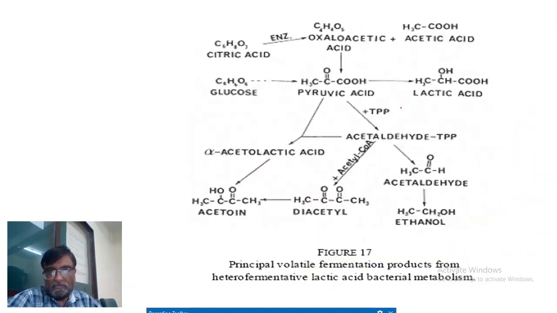Then we talked about the citric acid. These are basically fermentation products from the lactic acid bacteria. The dairy product is a source of lactose, and that is converted into lactic acid. This phenomenon exists in most dairy products.